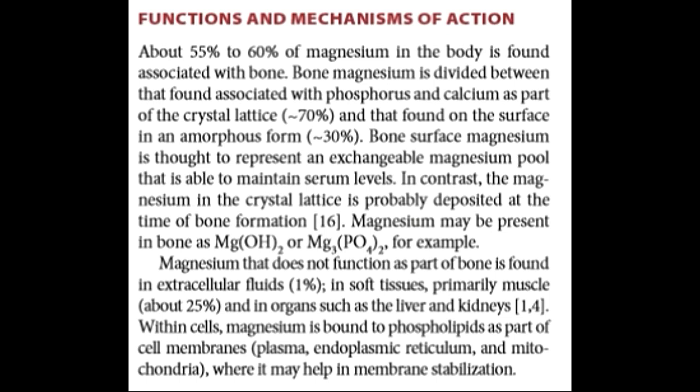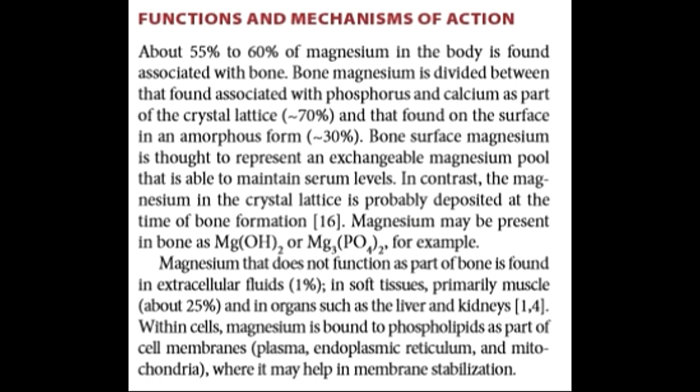So you see that magnesium is deposited on the bone and helps bone formation, and the magnesium may be present in bone in the form of magnesium hydroxide, Mg(OH)2, or Mg3(PO4)2, magnesium phosphate.